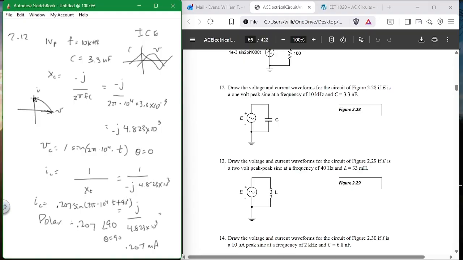That's the cosine wave. So I made it a cosine waveform, or I said sine plus 90, which is equal to cosine. So if you look at a pure capacitor on an oscilloscope, you see voltage and current 90 degrees out of phase with each other. All right?